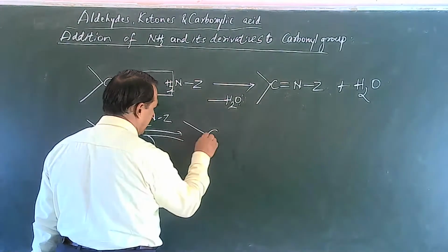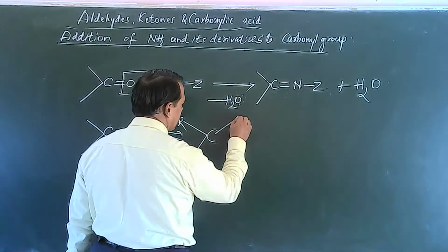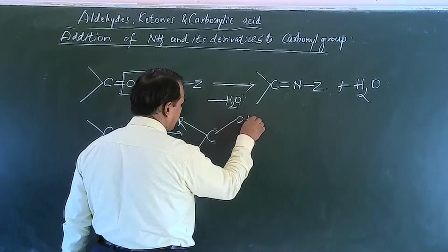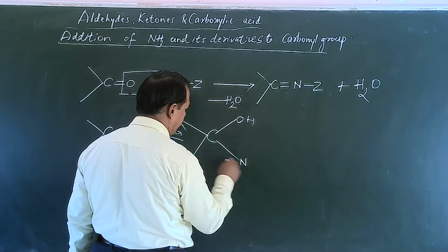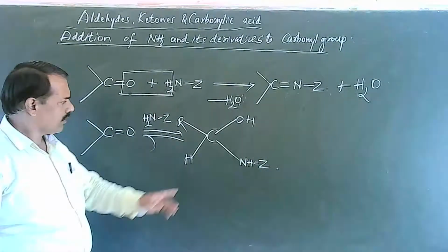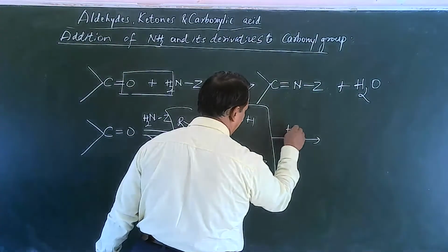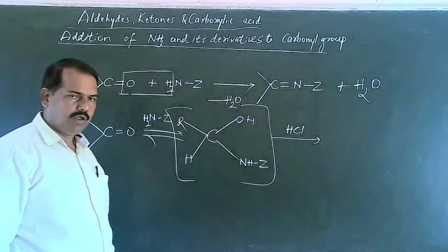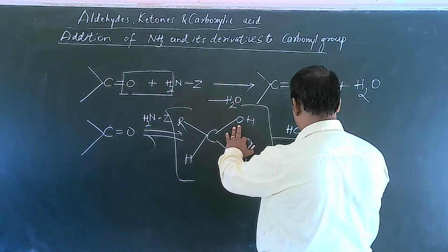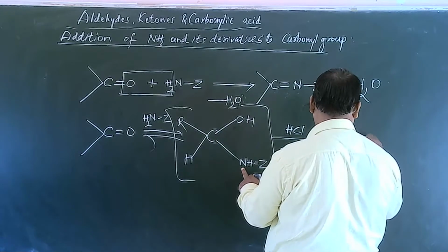So we find R, H, and an intermediate where OH and N, H, Z are attached. Are you clear? In the next step, in the presence of mineral acid like HCl on acidification, removal of a water molecule takes place, and the C to N bond is formed.